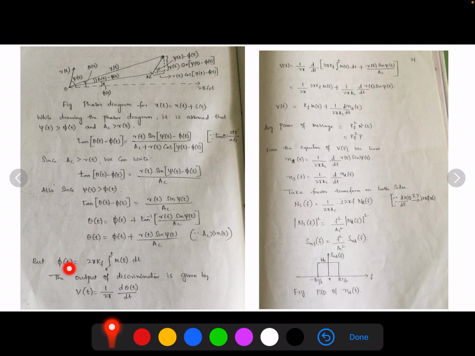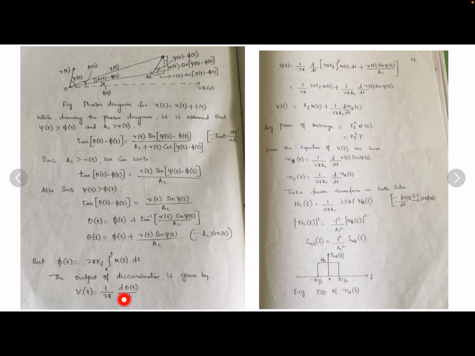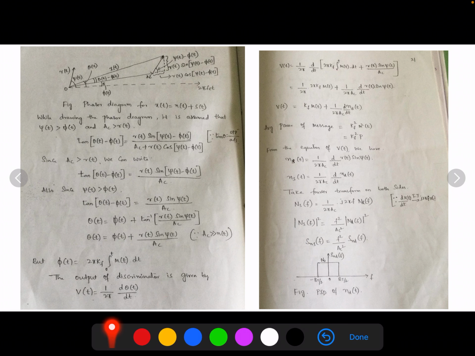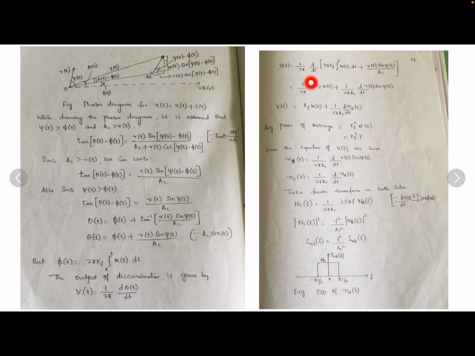We also know that phi of t is equal to 2 pi kf into integral 0 to t m of t. So v of t is equal to 1 over 2 pi into d theta by dt. So now v of t is equal to 1 over 2 pi d by dt of theta of t. What is theta of t? This equation. In this equation, in place of phi of t, I am replacing it with this equation.